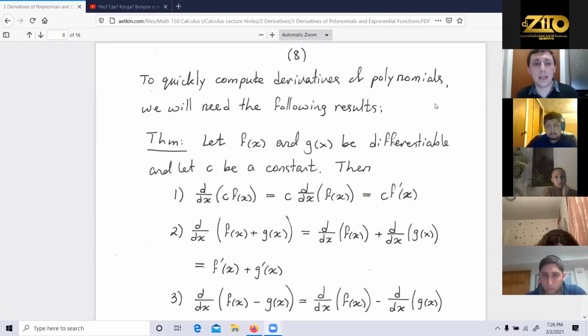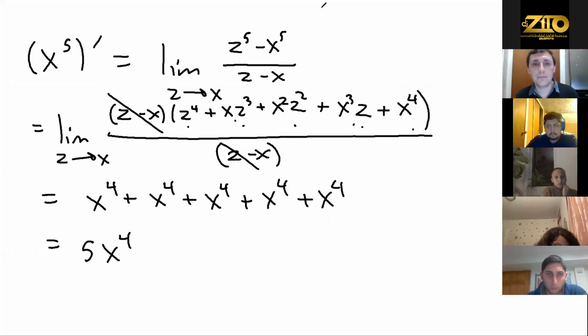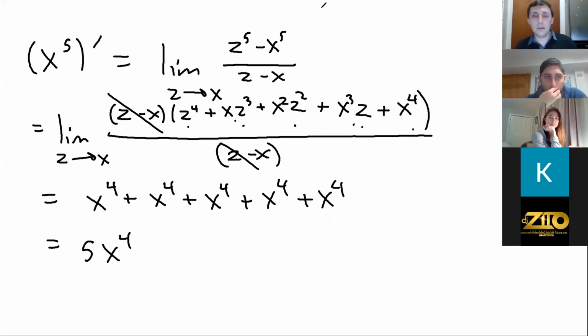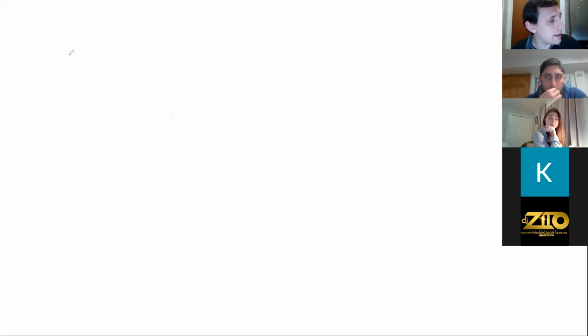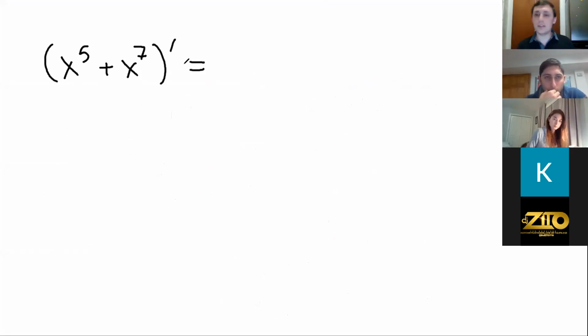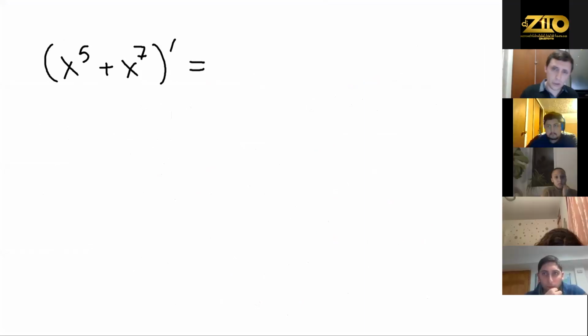Suppose that you have x to the power of 5 plus x to the power of 7, and you want to take the derivative of that. What do you think is going to be the result? You can do it faster, intuitively, if you have an idea. This function is f, and this function is g.